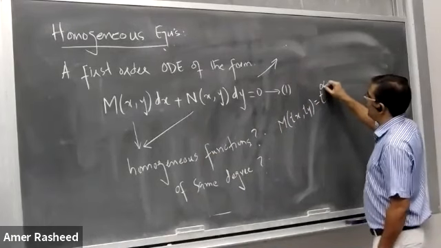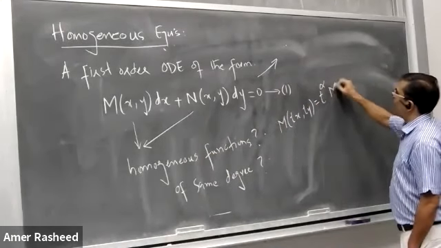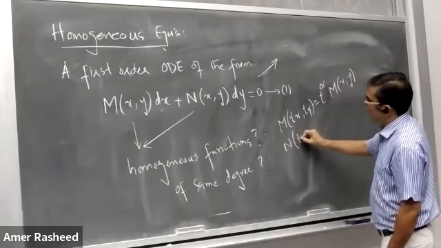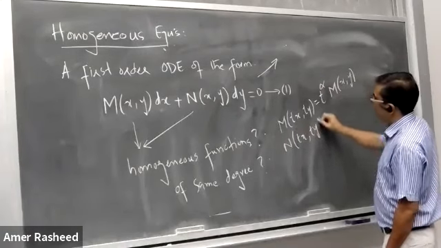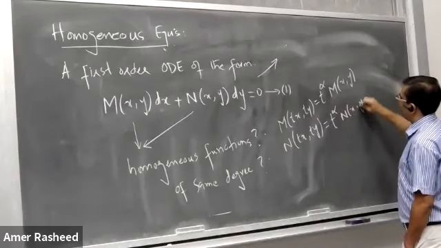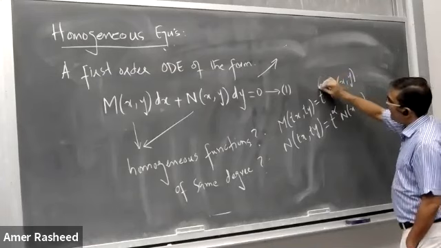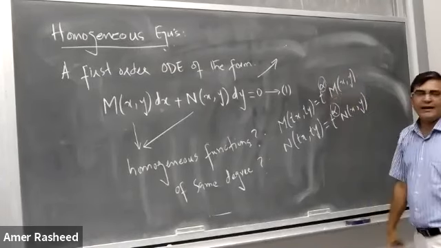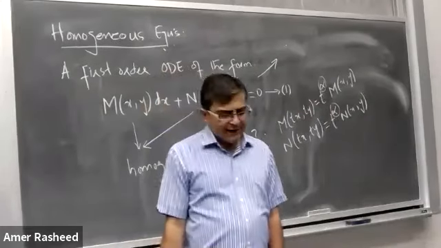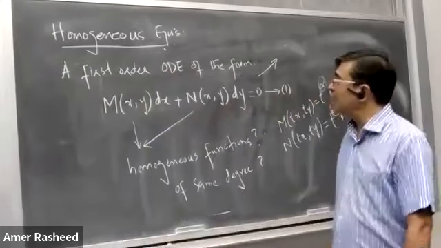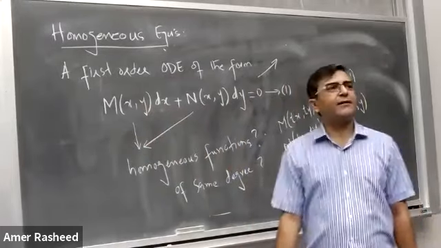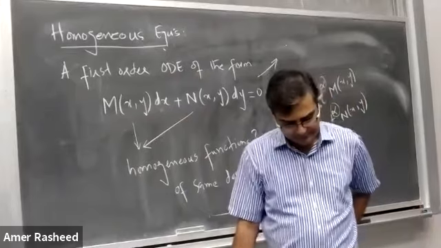So we should get t to the power alpha times M of x,y. Similarly, N of tx, ty should be t to the power alpha times N of x,y. This alpha and alpha should be the same. If it is the same, then we say that these coefficient functions are homogeneous and their degree is identical.